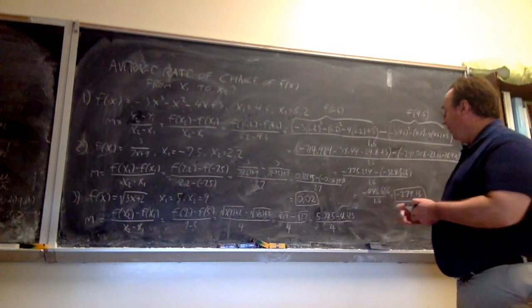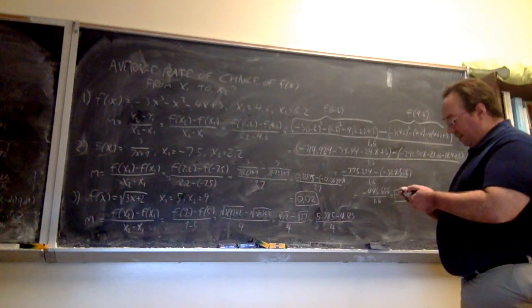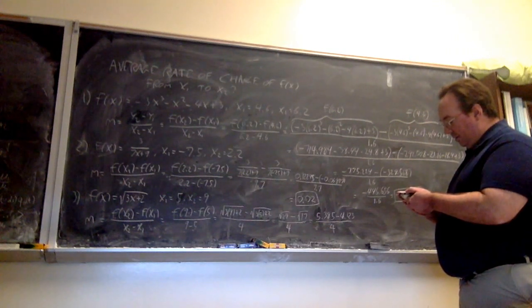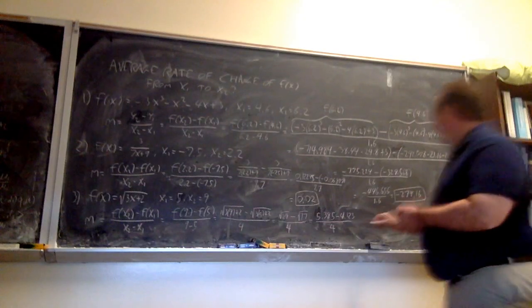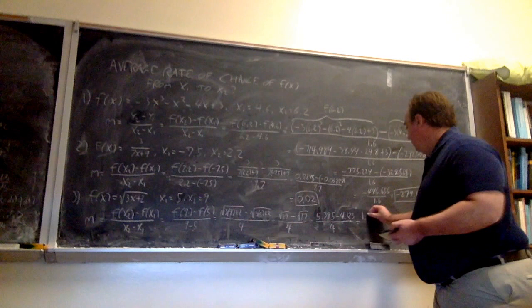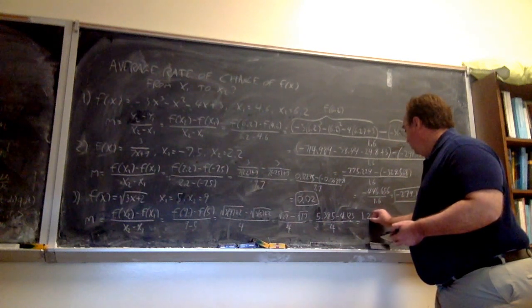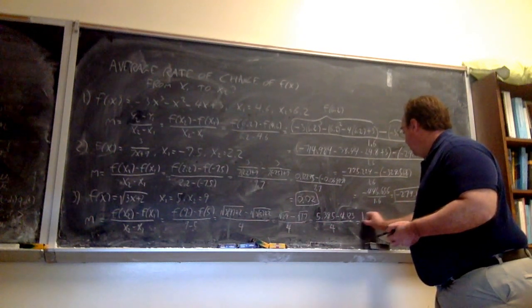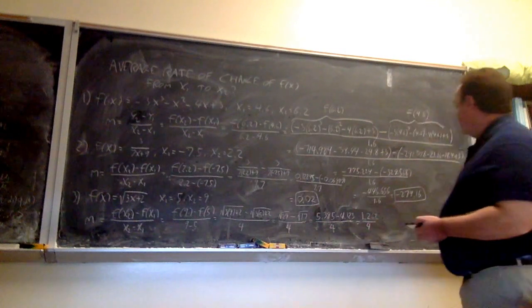So now we carry out the subtraction. So I have 1.262 divided by 4.